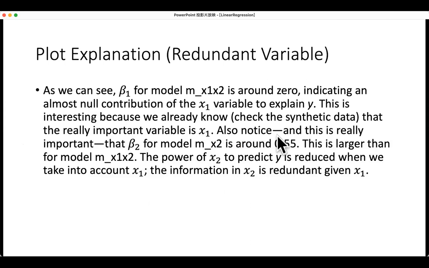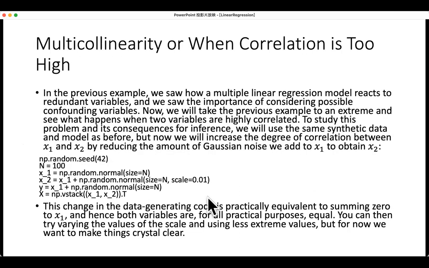This is because X2 is redundant given X1. This is going to become even more of an issue when your data set is even more highly correlated.